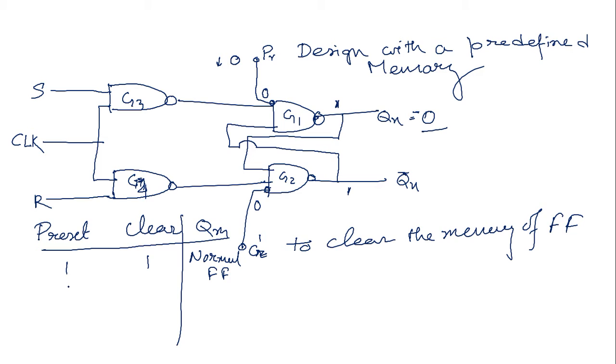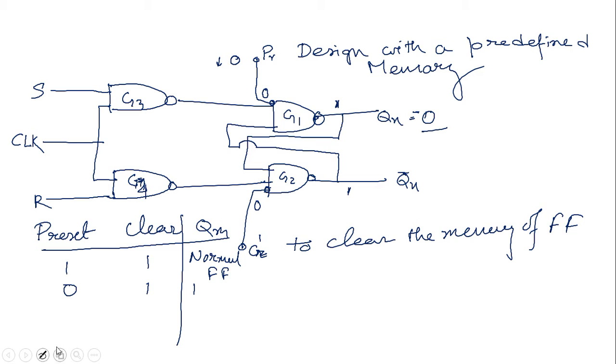Now, if we provide 0 to the preset and 1 to the clear, the flip-flop is controlled by the preset, because preset is active low. If we provide low input to the preset, the flip-flop is controlled by the preset, so automatically Qn should be 1.